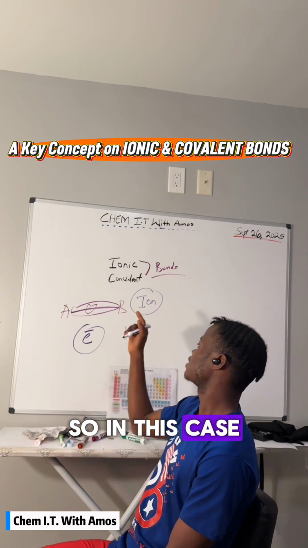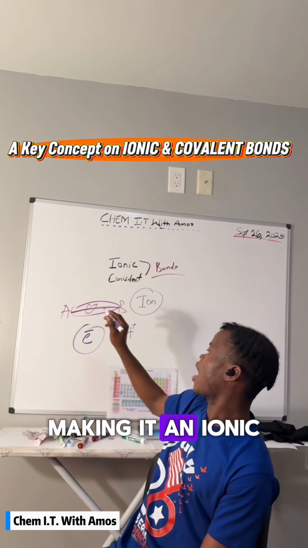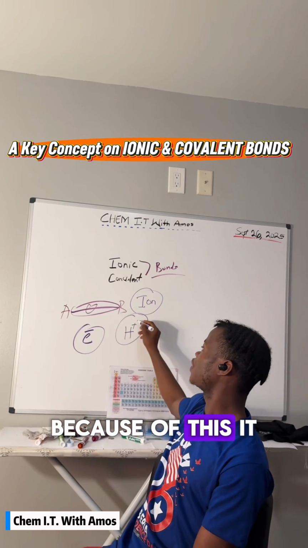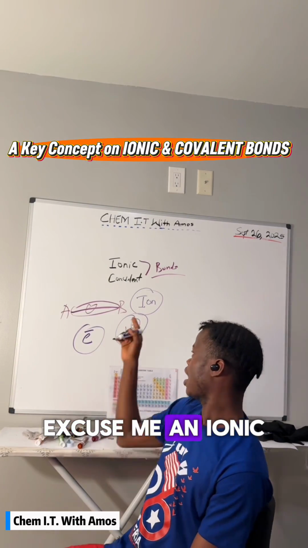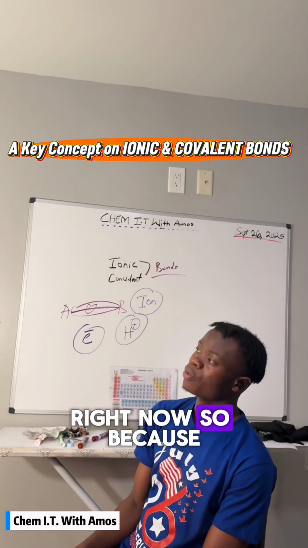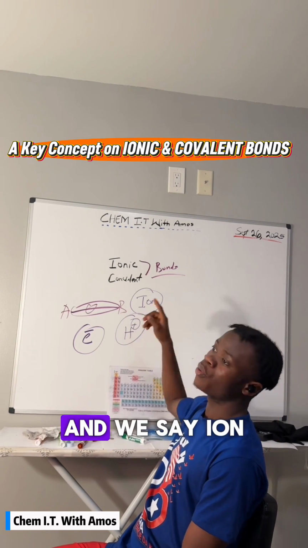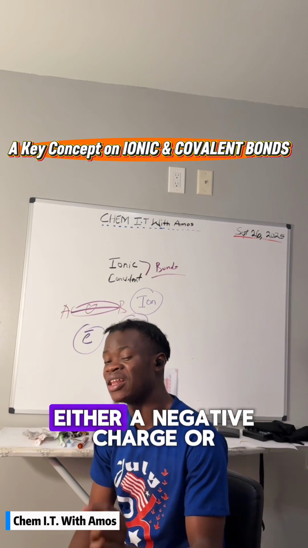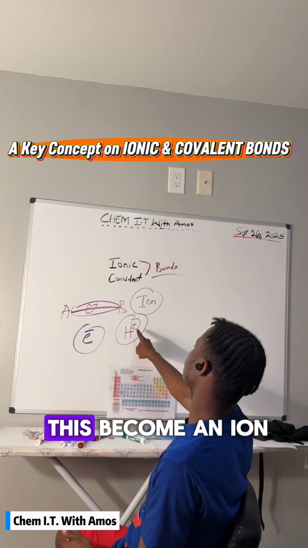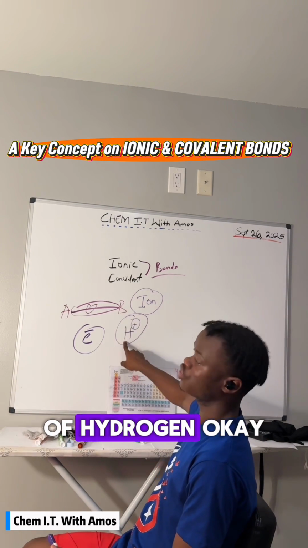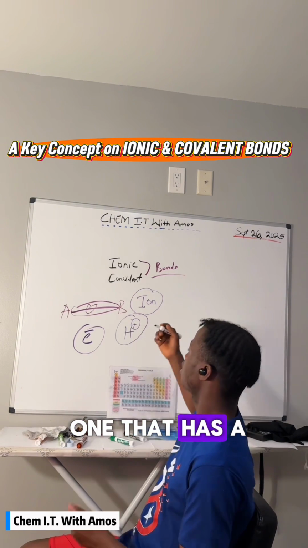In this case, hydrogen has a charge of positive one, so it becomes an ion. And we say ions are species that contain either a negative charge or a positive charge. So this becomes an ion of hydrogen.